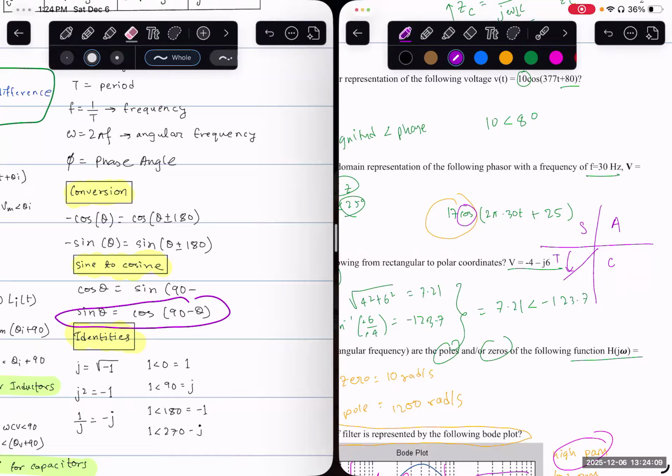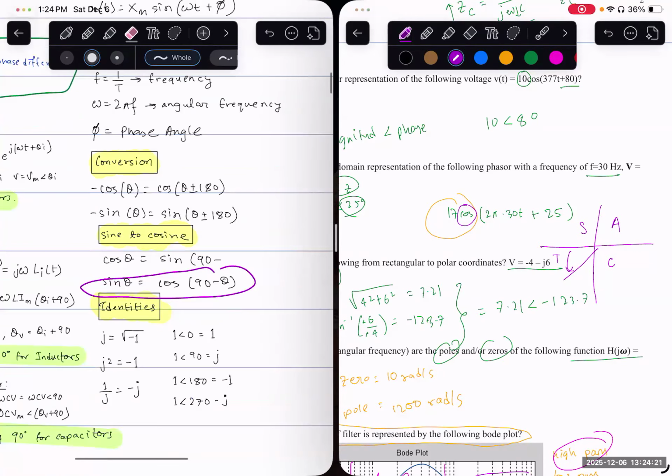So it's always better to deal with the smaller angle. I believe they wouldn't ever have an angle more than 180 degrees because that's not the proper representation. But even if they have it, you can change it using this formula again.